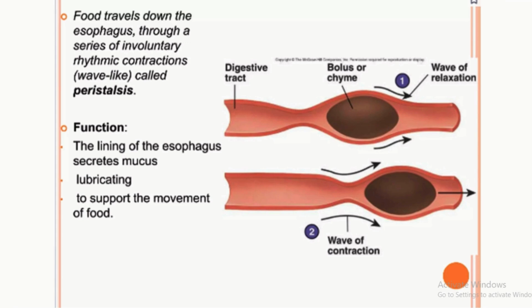So this diagram shows that in the digestive tract, the esophagus secretes mucus, and it will transfer the bolus and the chyme toward the stomach. So this we call peristalsis.